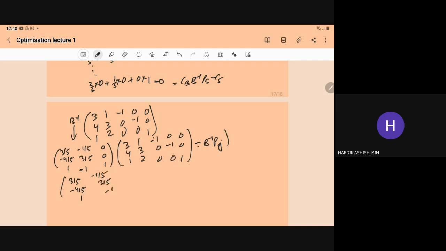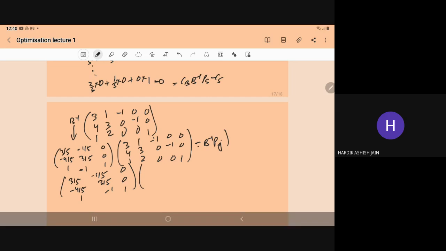That is your B inverse, right? That is your B inverse into PJ: 3, 4, 1, 1, 3, 2, minus 1, 0, 0, 0, minus 1, 0, 0, 0, 1. That is your B inverse PJ. Similarly, we compute the B inverse B: the B inverse matrix into B.